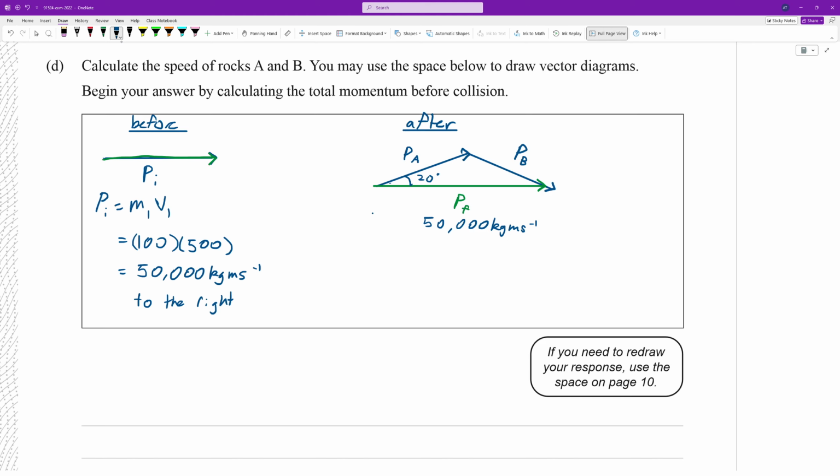We don't even need that, because what we can do is split this into a right angled triangle, like so. And we know, since PA and PB are the same, this bottom length, the horizontal component of PA, will be 25,000. And with that, you'll notice we have a right angled triangle right here, with PA being the hypotenuse. That's what we're looking for.